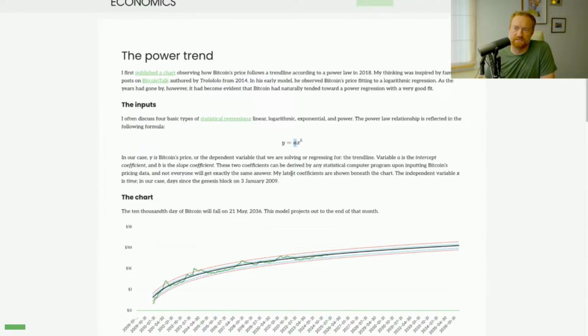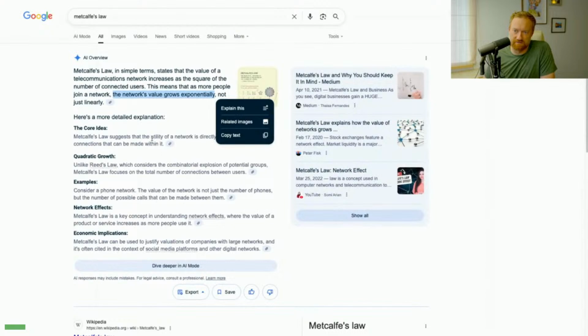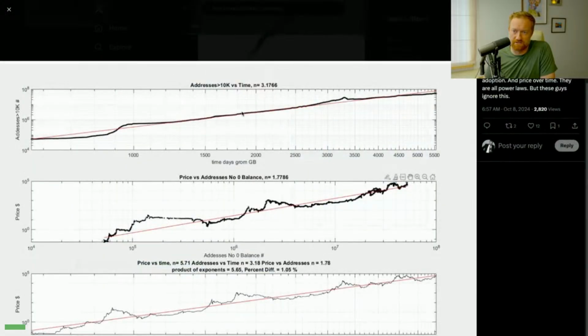Now, how would we do this in Bitcoin, talking still about Metcalfe's law? We could look at nodes. Nodes in Bitcoin is actually harder to measure. And plus, you have lightning nodes now, not just listening nodes on chain. The old godfather of the power law, Giovanni, he's shown some different ways with addresses.